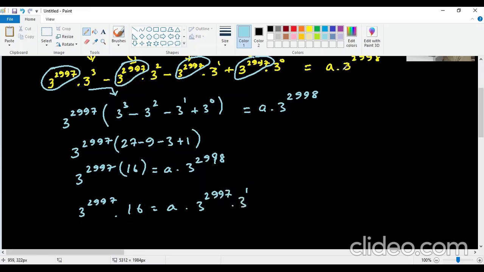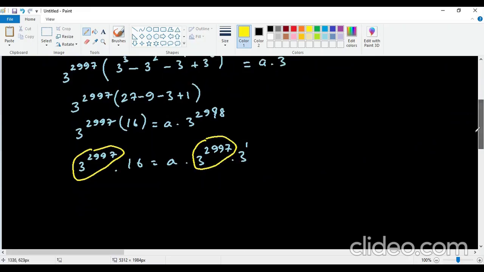Now again here you can see on both sides you have the same thing. So we cancel the same thing and we'll move forward. This gives us 16 equals a times 3. 3 to the power 1 is 3 and a is equal to 16 over 3 as an answer.